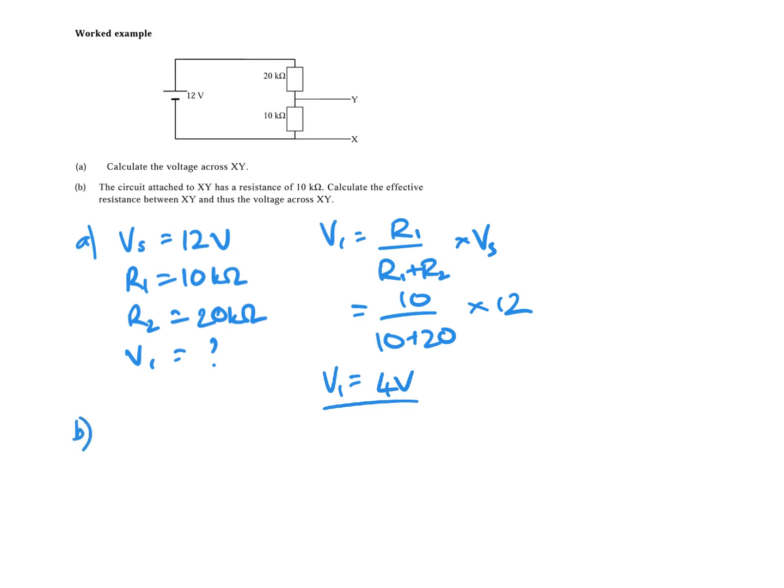In B now, we've added another resistor there of 10k. And what we're wanting to do then is to work out the combined resistance of this whole bottom half. So first of all, we've got to do 1 over Rp, or you can use the fact it's two identical resistors just to half it.